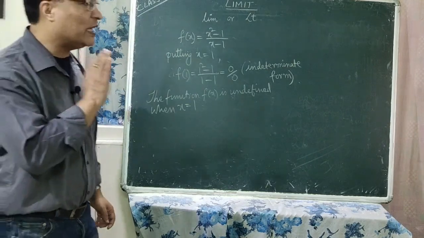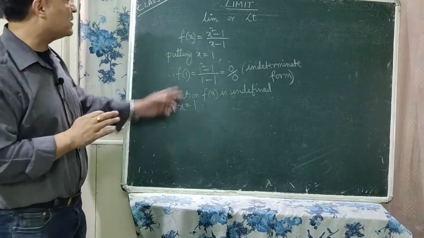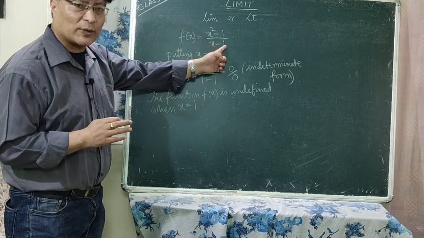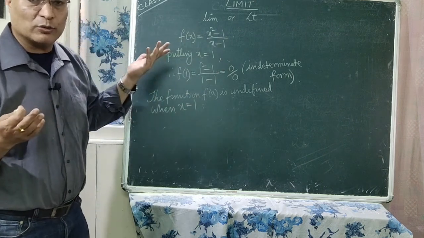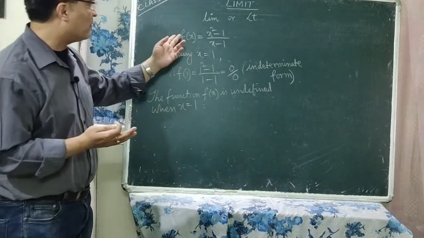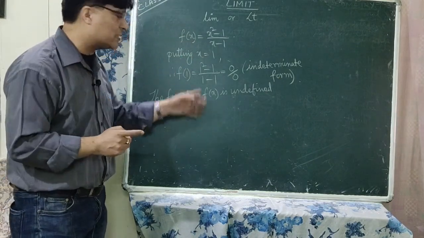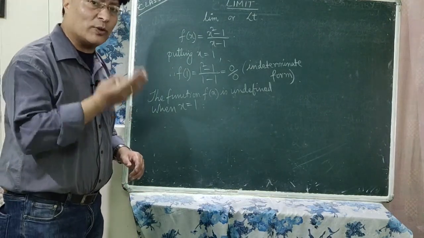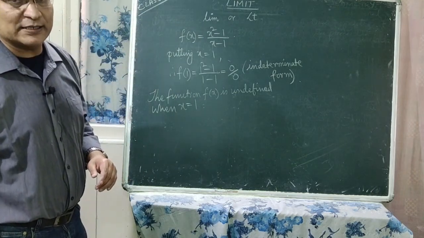But if you give any values of x other than 1, then you will get a defined value of f of x, because in the denominator there is x minus 1. If you put x is equal to 1, then 1 minus 1 is always 0, and something divided by 0 is meaningless. So this function is undefined only when x is equal to 1. Other than 1, if you give any values of x, then the function f of x is defined.